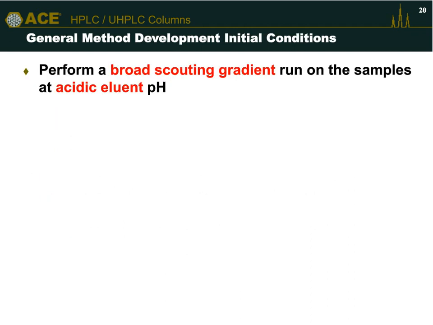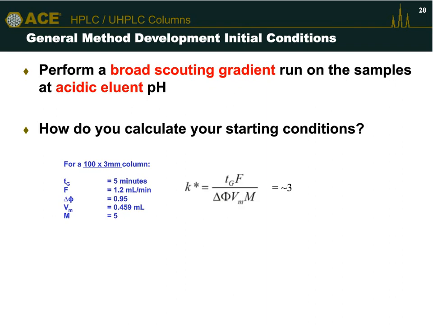So I showed you a short 3-column 2-solvent system, and I'm going to use that as the basis for this example. So first of all, lots of people would generally perform a broad scouting gradient run at an acidic pH. This is what I always recommend. How do you calculate your starting conditions? Well, it depends on the columns you have available to you.